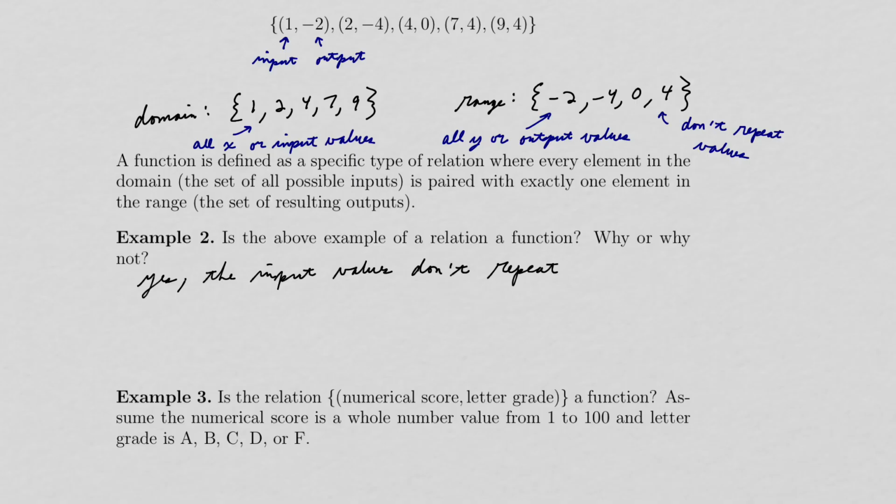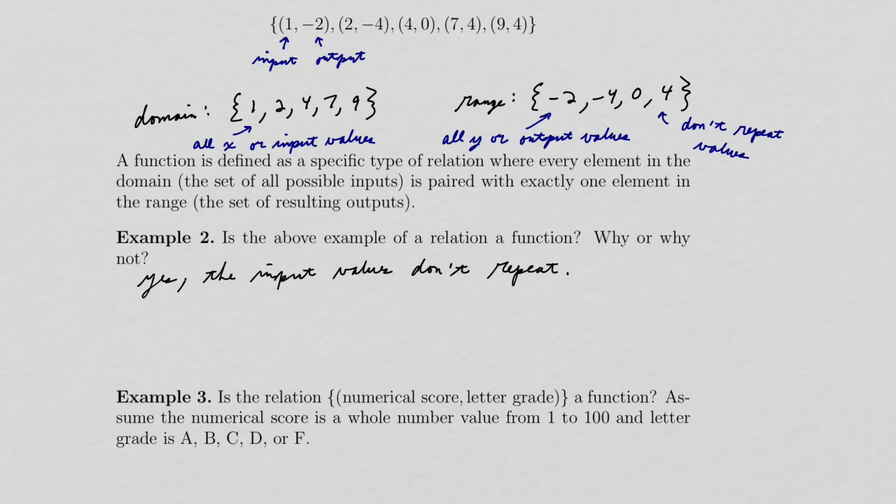So it is a function. And again, how do I know that? Well, if you look at all these input values, they don't repeat. A 1, a 2, a 4, a 7, and 9, they're not repeating. So each input is definitely associated with exactly one output.